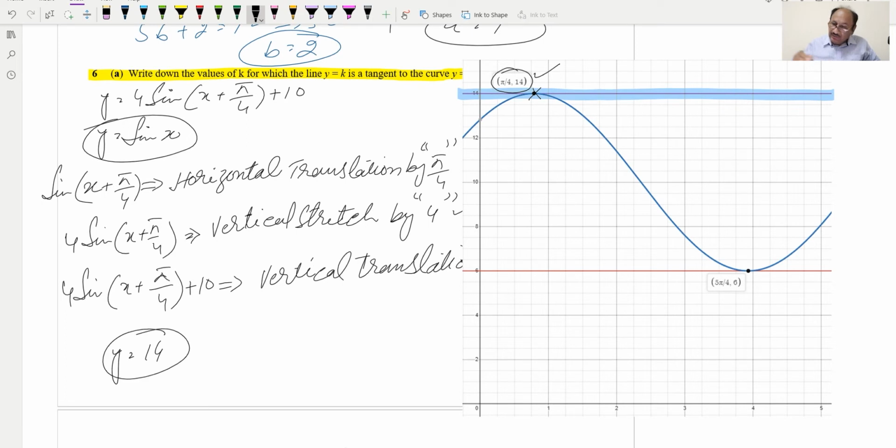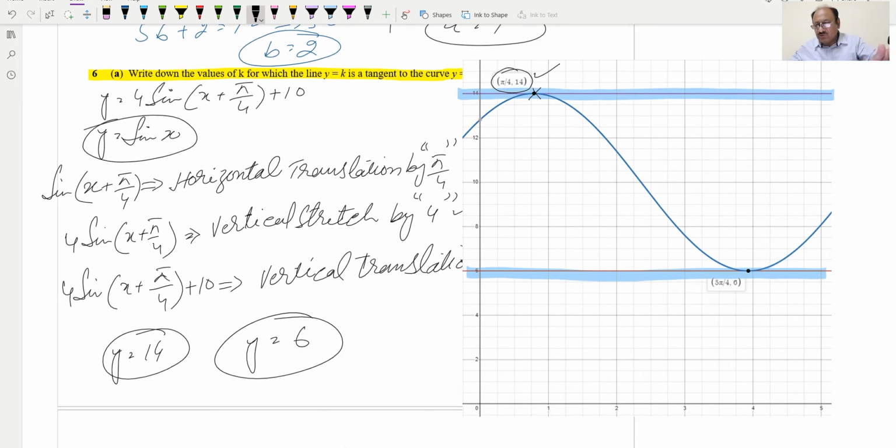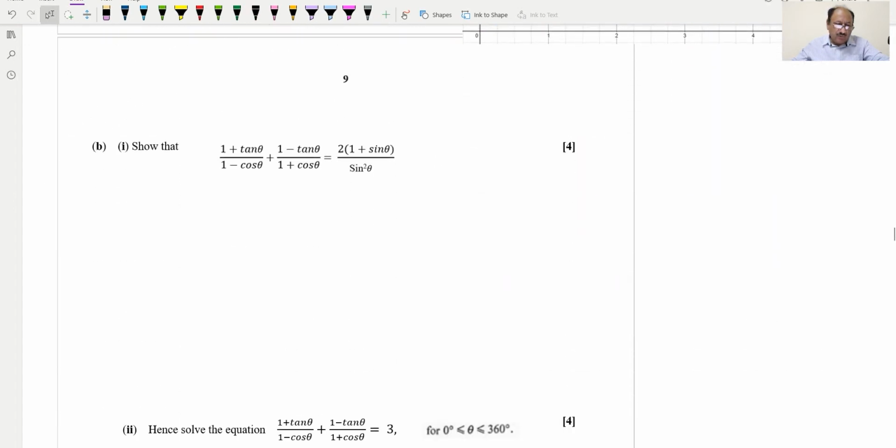This will be one line, and the second line is this one, which is y is equal to 6. So y is equal to 6 will be the second line which will be tangent to this graph. Hopefully you understood this.